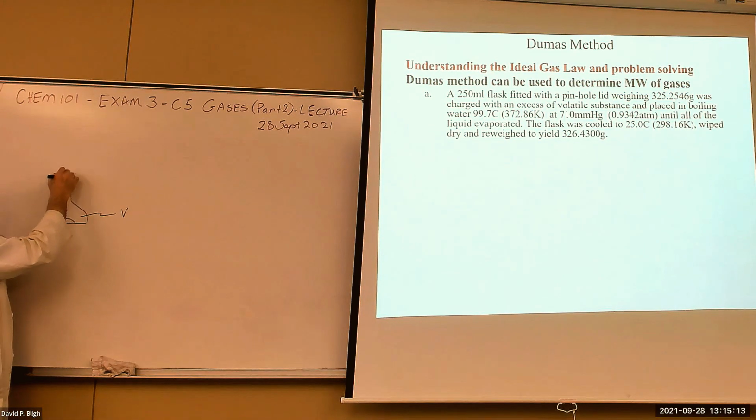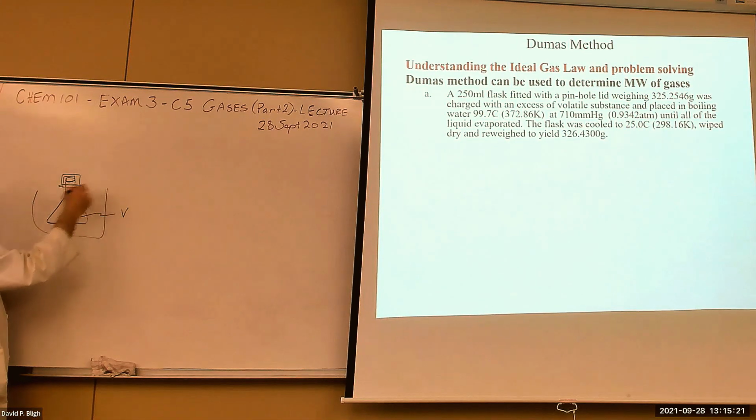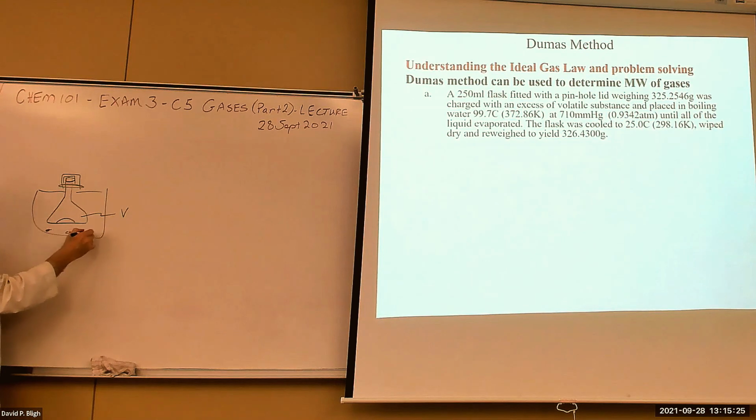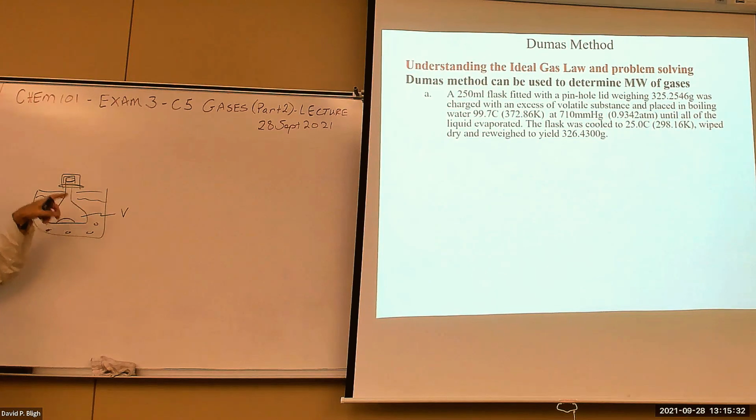We double cap it. Why do we do that? Because we're going to submerge it in boiling water. Boiling water. So the vapor that comes off of that water, we're going to try to condense on these cool surfaces.